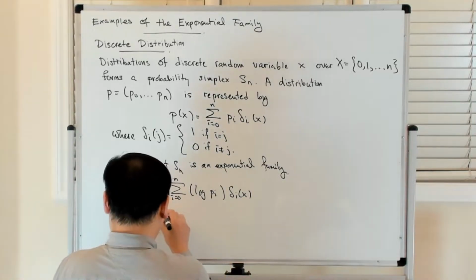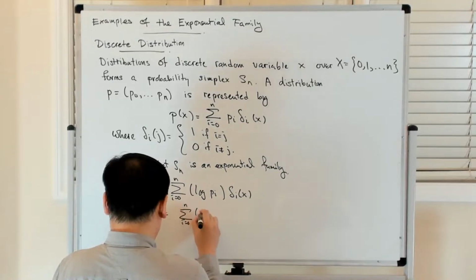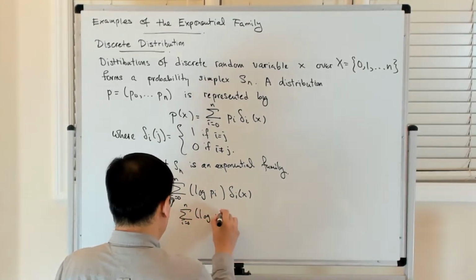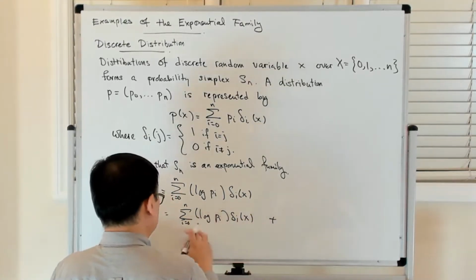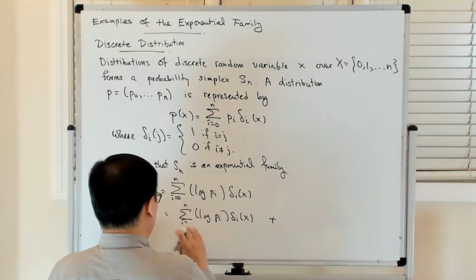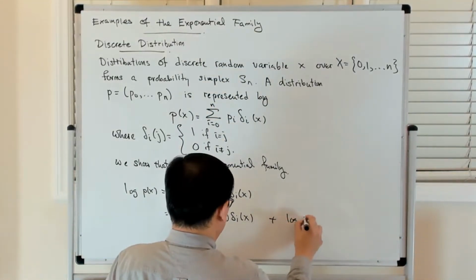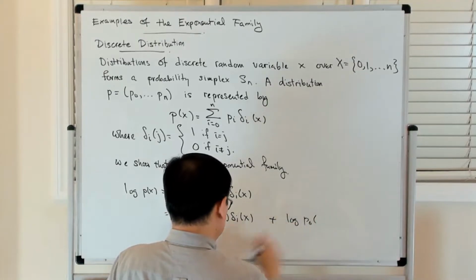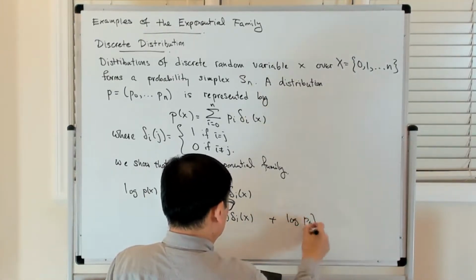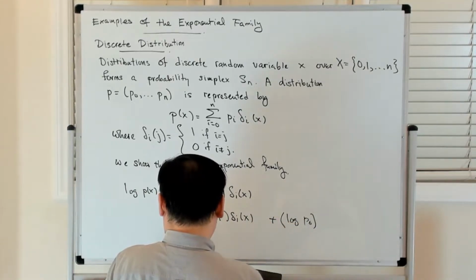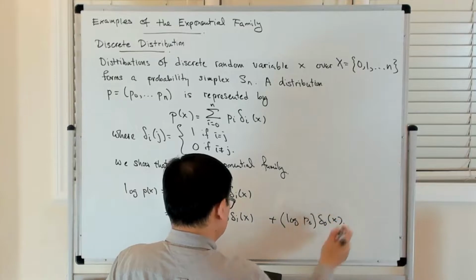I can write this as the sum from i equals 1 to n of log pi delta i of x, plus log p0 delta 0 of x.